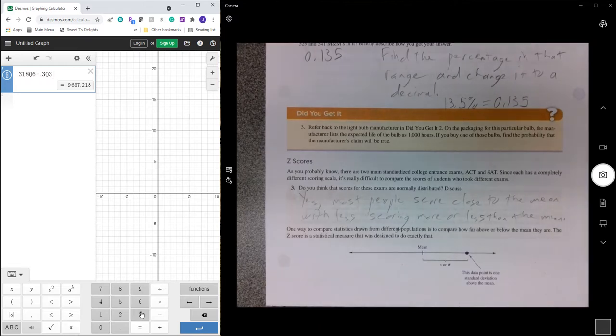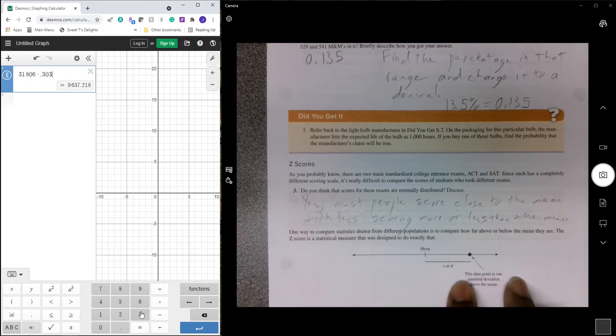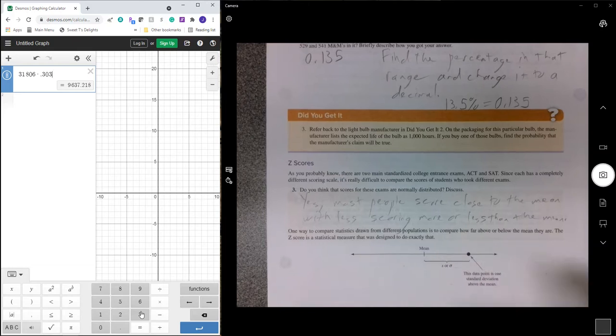It says one way to compare statistics drawn from different populations is to compare how far above or below the mean they are. The z-score is a statistical measure that was designed to do exactly that. So we have the mean, and then we have the S, or the lowercase sigma. So this data point is 1 standard deviation above the mean. All right.